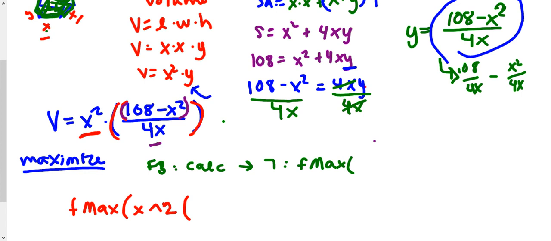Because both of those things are divided by the 4x, we need to put a second set of parentheses for our numerator, 108 minus x squared, and close the numerator parentheses, and then divide that by 4x. There are two things down there, so we also need parentheses around our denominator, 4x.